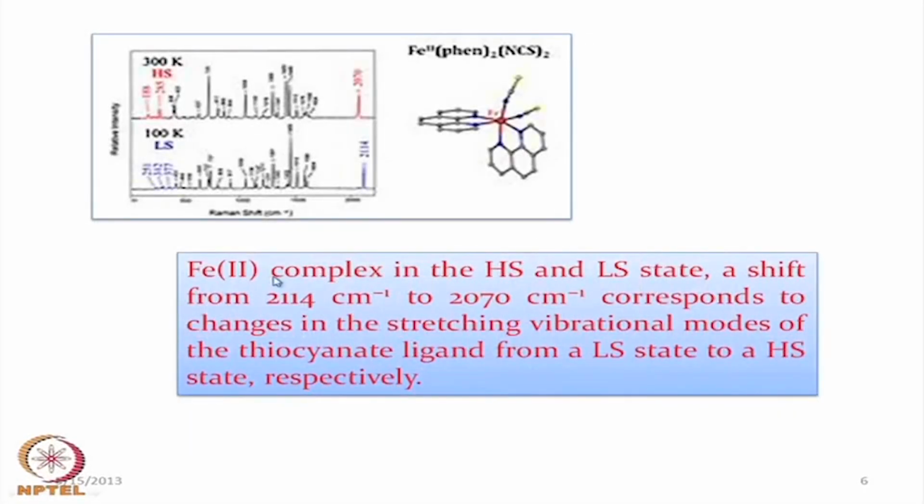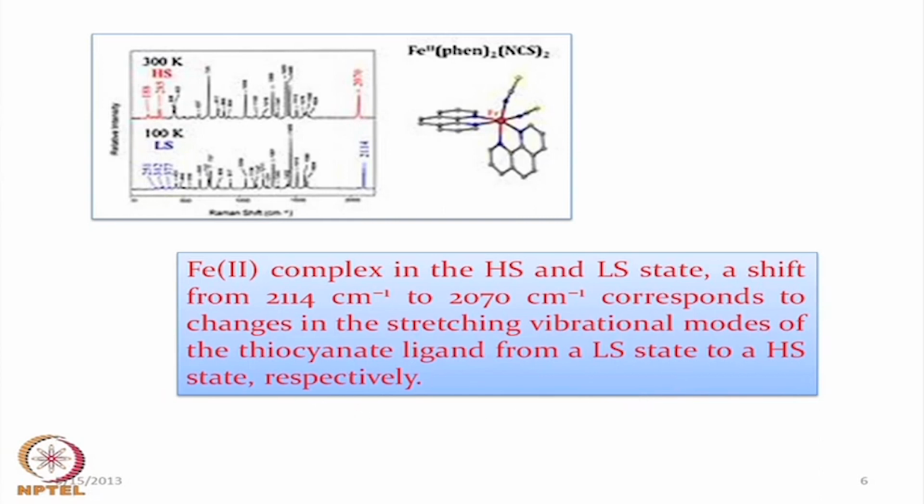So, for a high spin iron 2 complex, we can have high spin and low spin states, and a shift from 2114 to 2070 centimeter inverse, the upper one, the red one, corresponds to the changes in the stretching vibrational modes of the thiocyanate ligand from a low spin state to a high spin state respectively.